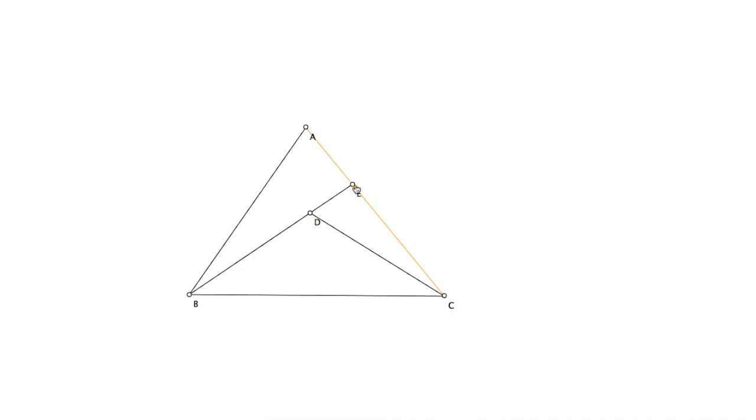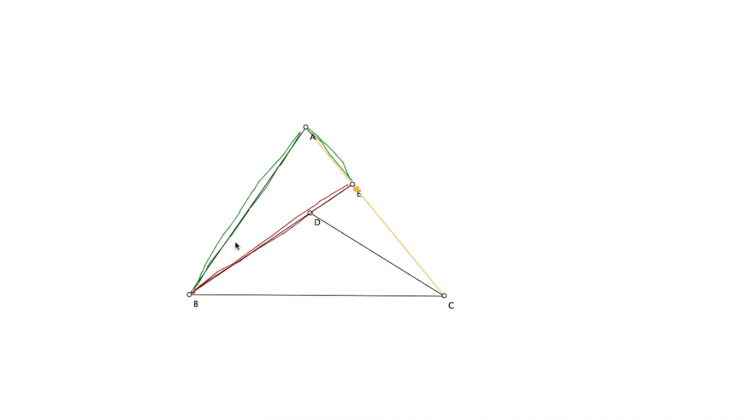And because of proposition 20, we know that any two sides of a triangle taken together will be larger than the remaining side, which means that if I take this side here, which I'm labeling green, that side plus this side here, that's going to be larger than the other side, which I will label in red. So side EB is going to be shorter than the other two sides put together.